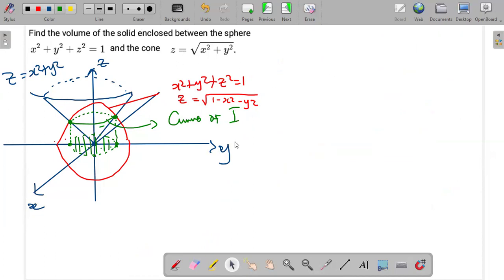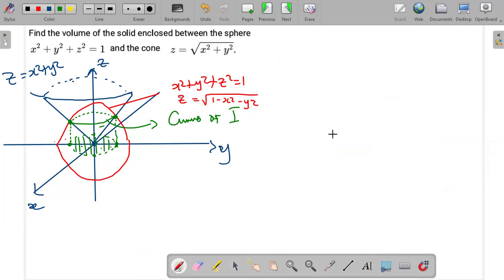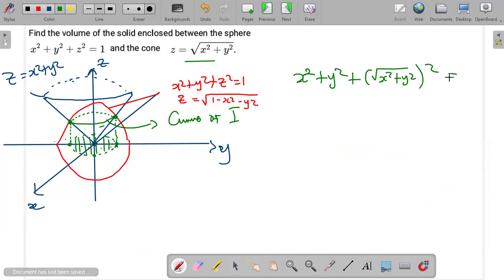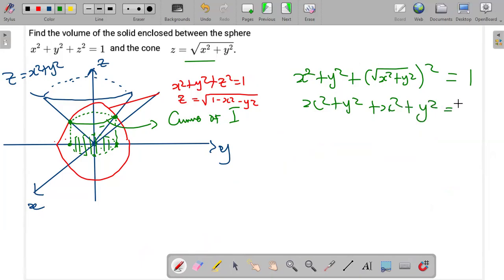So we have x squared plus y squared, where for z I'm putting this, plus the square root of x squared plus y squared is equal to 1. So this will be x squared plus y squared plus x squared plus y squared is equal to 1.